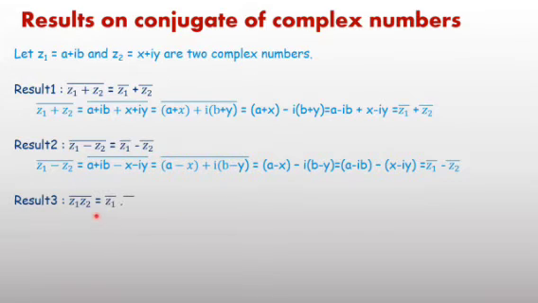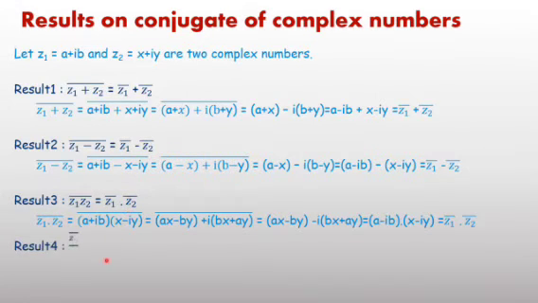Third result: z1 into z2 whole bar can also be written as z1 bar into z2 bar. And fourth: z1 upon z2 whole bar equals z1 bar upon z2 bar.